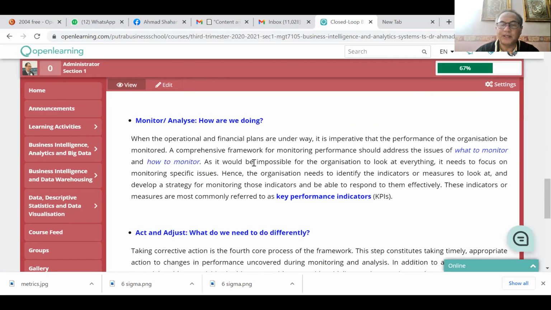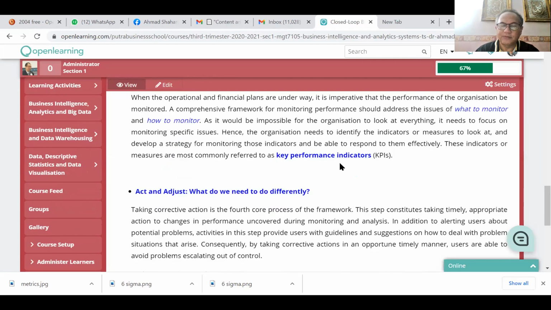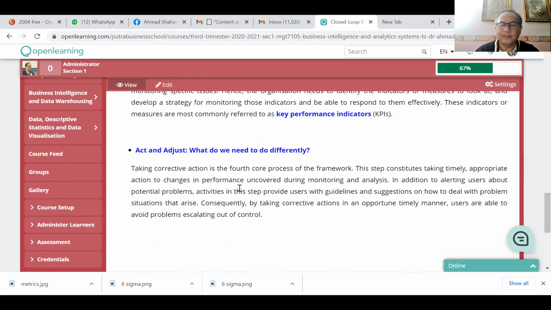From this KPI, we will be able to see the gaps: what we were supposed to achieve, and what we have achieved, so we can see the gap. Then you will alert users about potential problems and activities in the steps, guide them on how to deal with problem situations, and consequently take corrective actions in a timely manner.